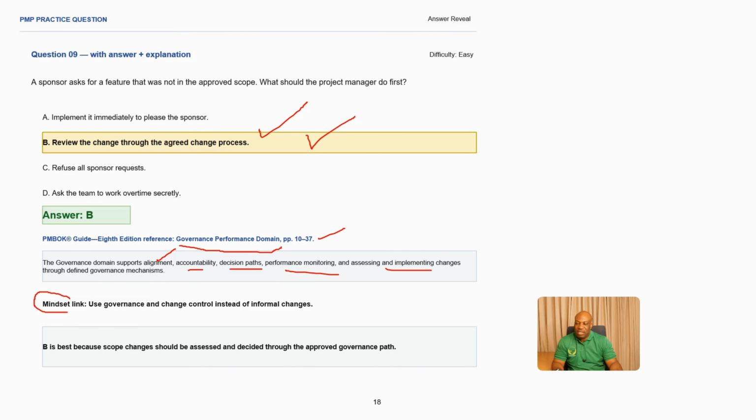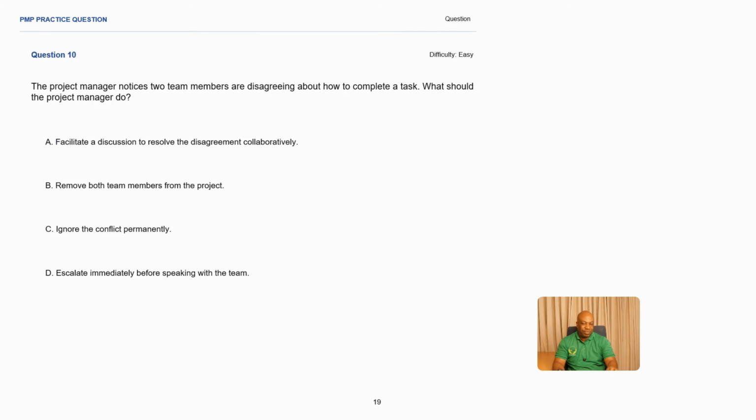We use governance and change control instead of informal changes. This was a new feature being asked for, so it has to go through the formal change process, making B the best answer, because scope changes should be assessed and decided through the approved governance path.